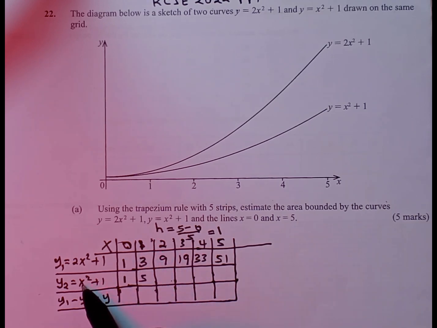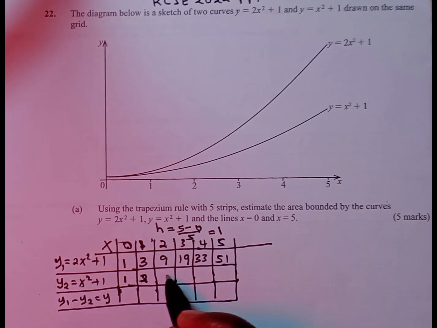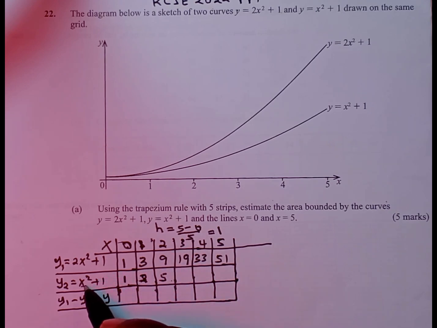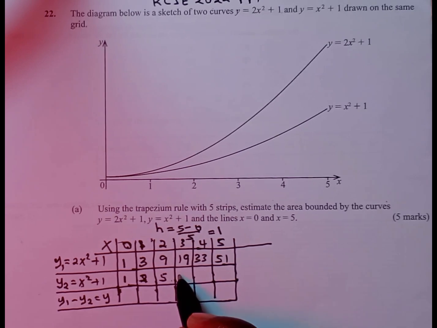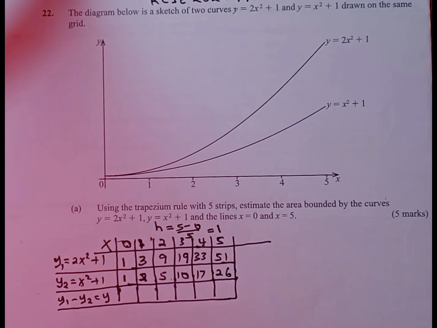When x is 1, you take 1 squared, you get 1, plus 1, this gives us 2. Then when x is 2, you square 2, you add 1, you get 5. When x is 3, you take 3 squared, which is 9, plus 1, you get 10. When x is 4, you replace it here, it gives us 17. Then when x is 5, you square 5, you get 25, plus 1, this gives us 26.